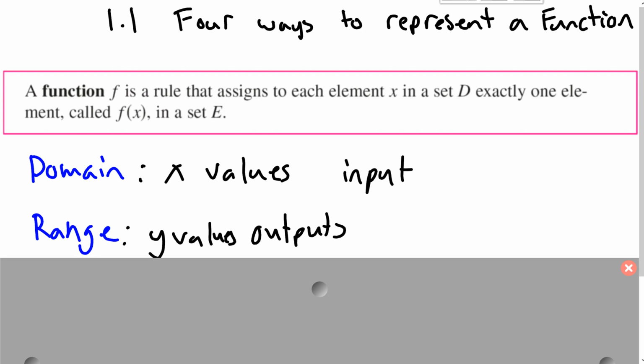X values are domain, inputs, what we put in. In most cases, we get to pick the x to plug in in order to solve for y, because usually all our equations are solved for y, our output. So usually we get to pick the x, and we solve for the y.